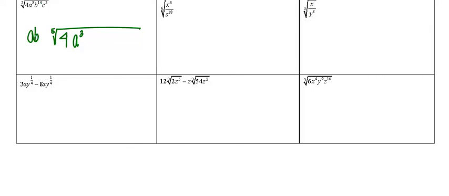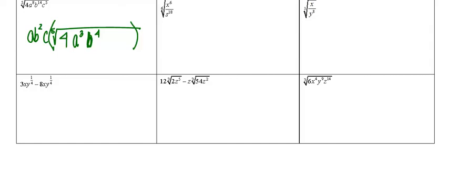Now I'm going to do this very carefully. I know I'm not going to be able to simplify 4 because there's no number to multiply 4 times. So I'm going to put that back on the inside. I know that 5 is going to go into 8 once, and 8 minus 5 is 3. So I'm going to put a to the third back on the inside. 5 is going to go into 14 twice. 5 times 2 is 10. 14 minus 10 gives me b to the 4th power.